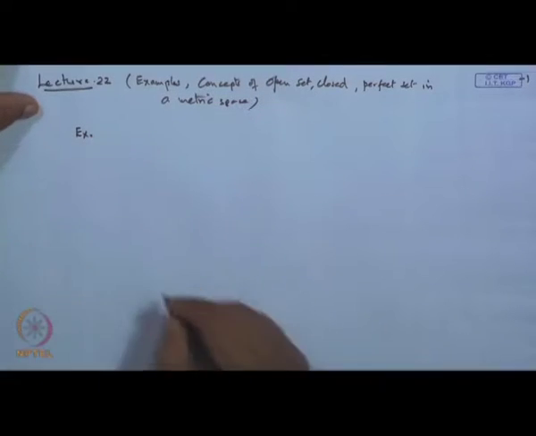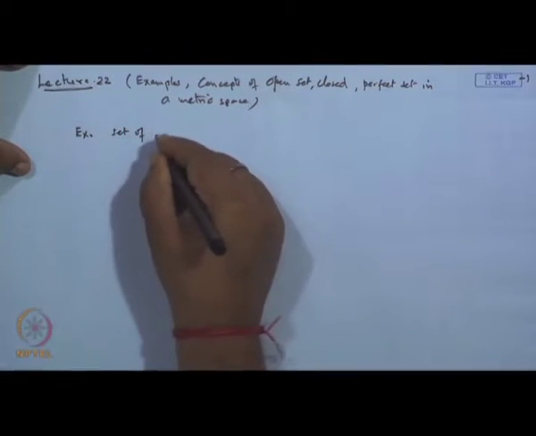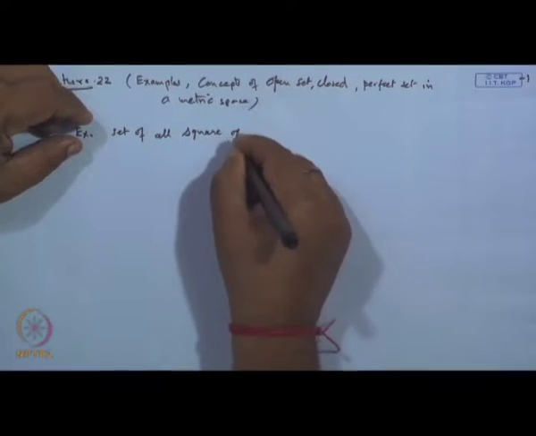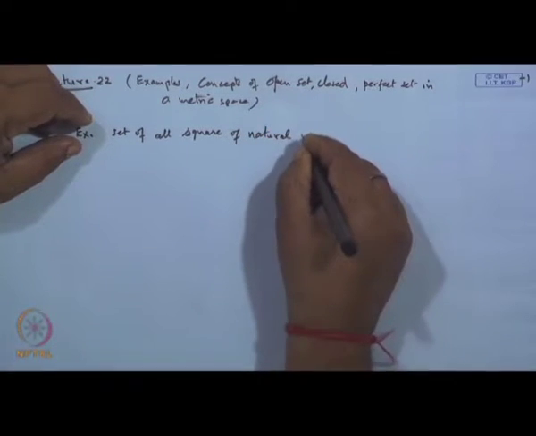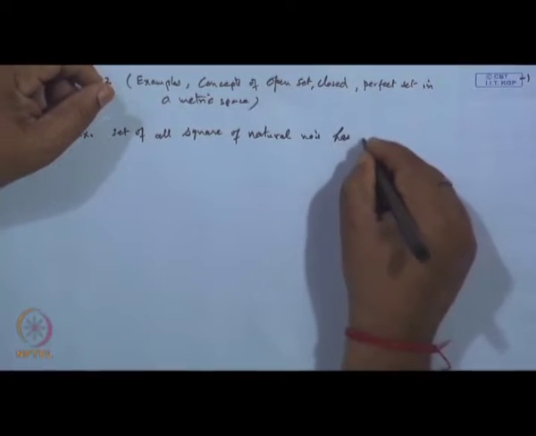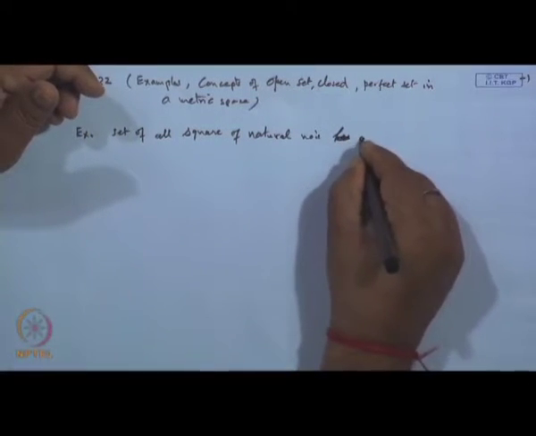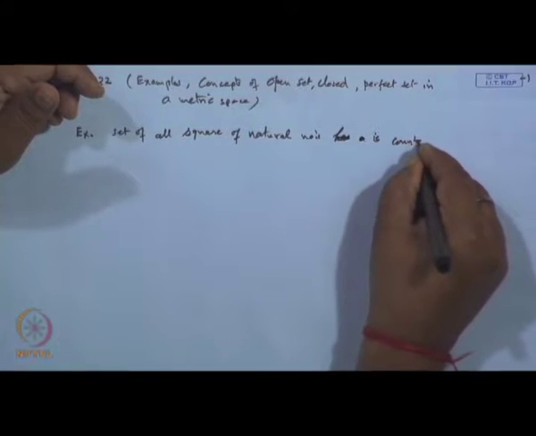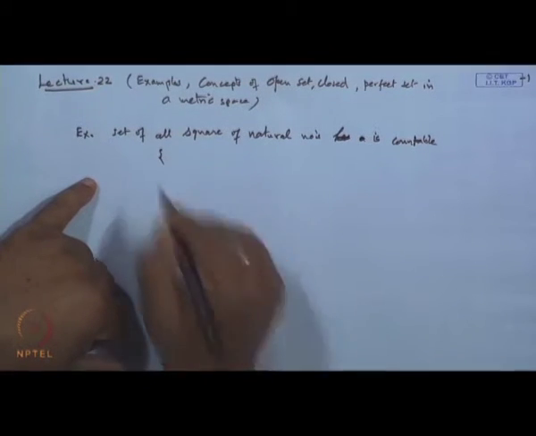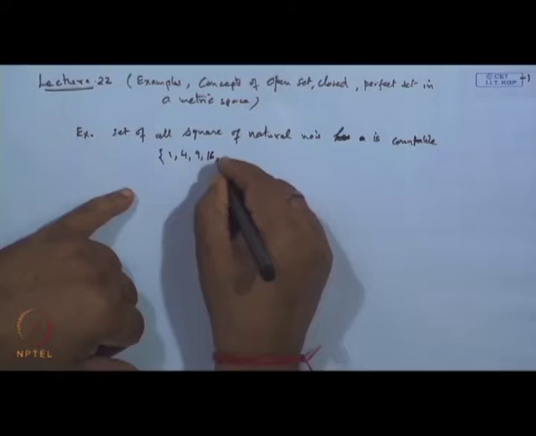So, the first example: let us say the set of all squares of natural numbers is countable, because the set of squares of natural numbers means it is 1, 4, 9, 16 and so on.